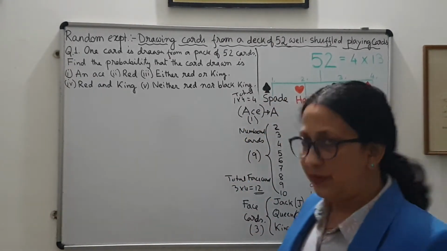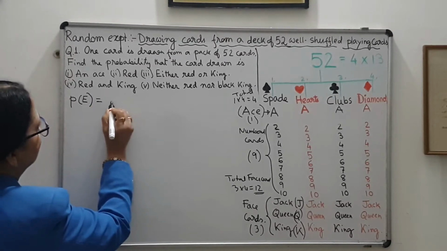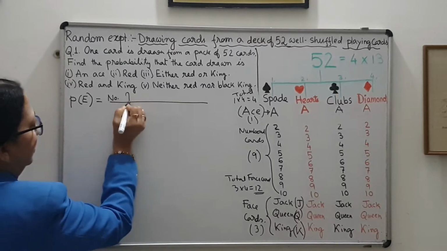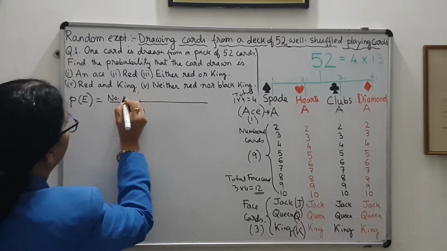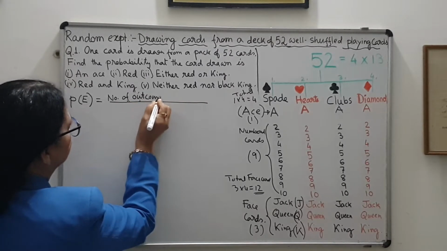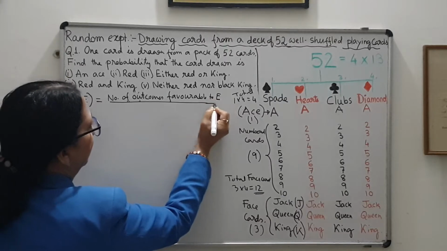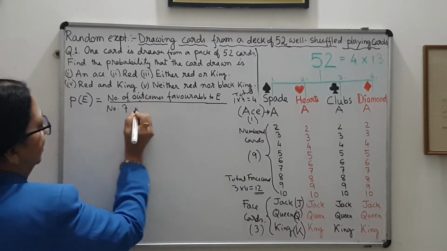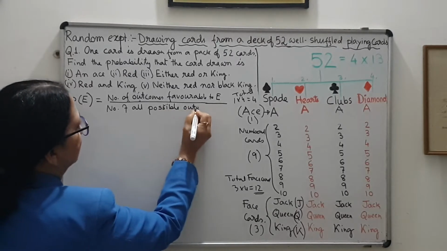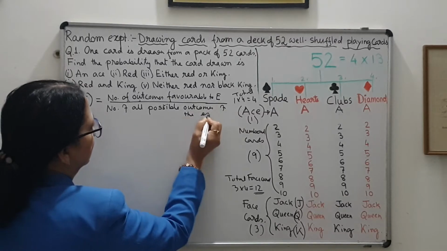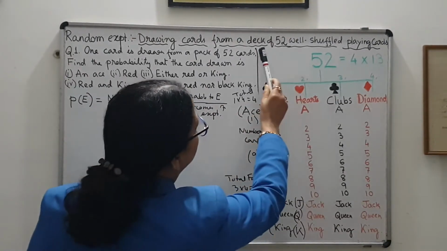Let us first write the definition. The theoretical definition of probability, or the Laplace definition, is: the probability of an event E is the number of outcomes favorable to the event upon the number of all possible outcomes of the experiment, under the assumption that all the outcomes are equally likely, which is defined by this well shuffled.